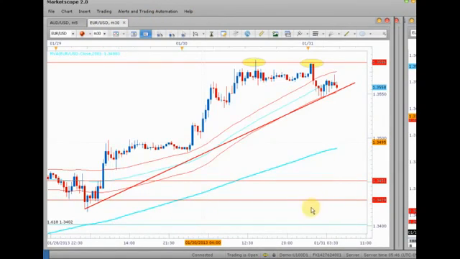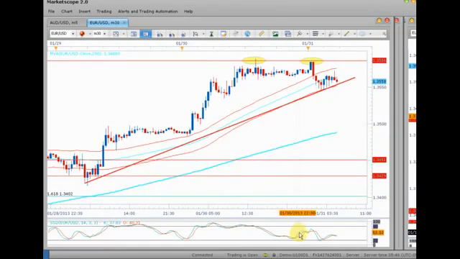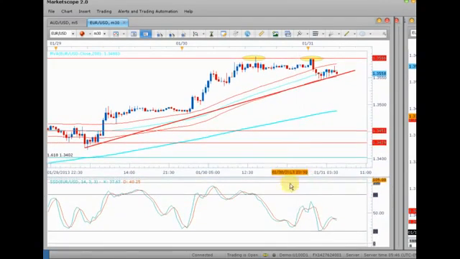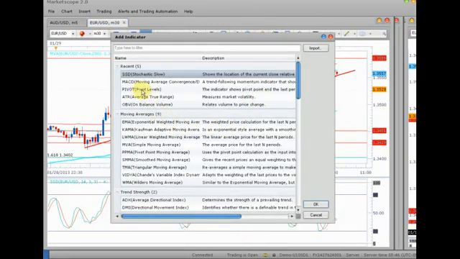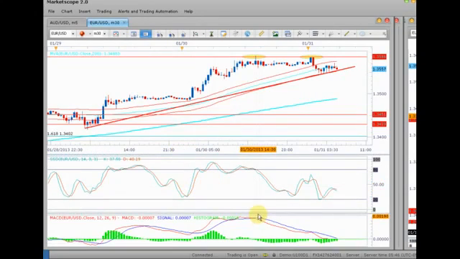Slow stochastics 14, 3 and 3, and I'm going to use that as my timing indicator. Where it dips and crosses over in an uptrend, this is where I'm looking for points to get long. But I also want MACD to confirm that as well. So let me go ahead and add my MACD. Give me a moment here while I get that back up there.